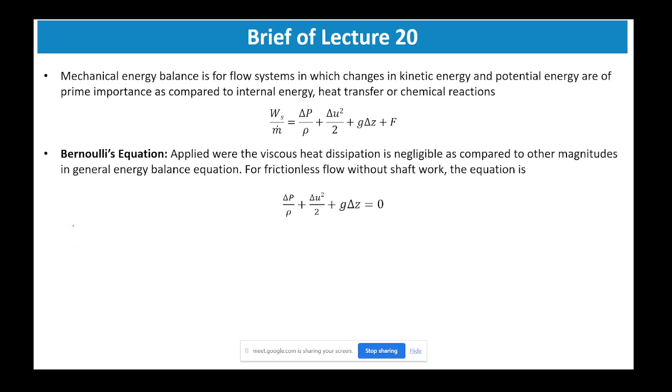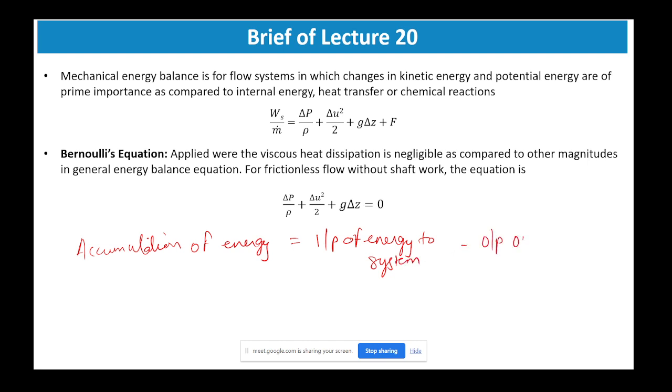So, what is the basic of energy balance? It is nothing but accumulation of energy equals to input of the energy to the system minus output of energy from the system.